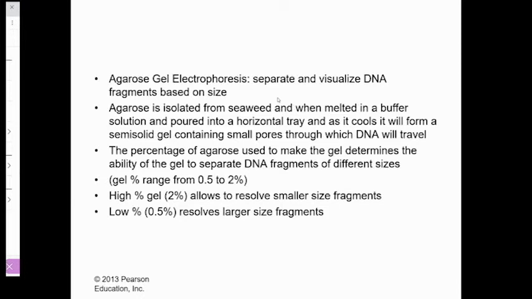If it's a high percentage, that means the pore size is very small, and when the pore size is small, that can help us resolve the small size fragments. And if the percentage is low, like 0.5%, then the pore size is large, and it will be difficult to resolve the small fragments, but it can help us resolve the large size fragments.